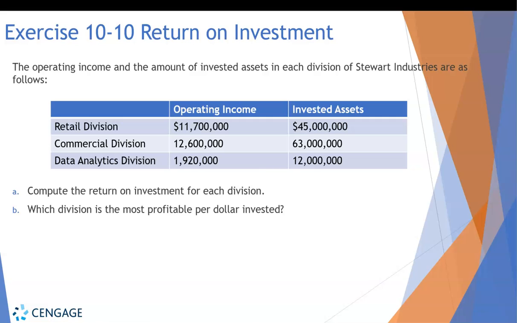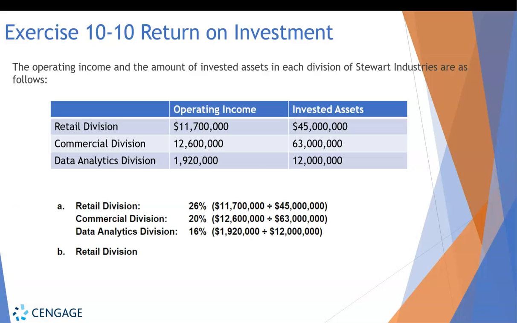The operating income and the amount of invested assets in each division of Stewart Industries are shown here. We're going to compute the return on investment for each division and then decide which one is the most profitable per dollar invested.